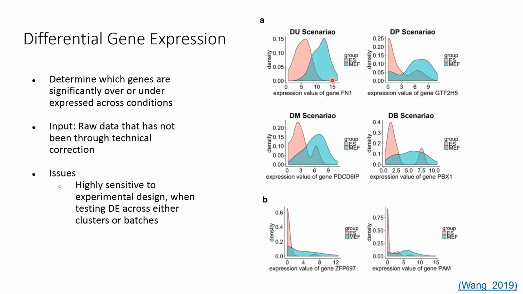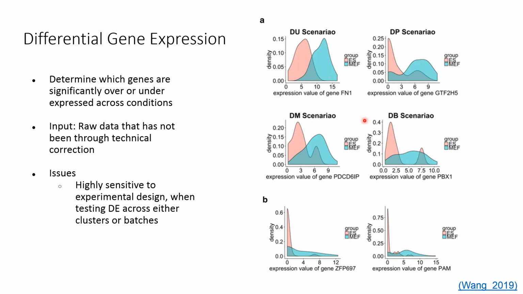People test each gene's mean expression level between two test groups, either using a t-test or a Wilcoxon-Rank-Sum test. And the Wilcoxon-Rank-Sum test is more robust because it corrects for false discovery rates and uses rank data.